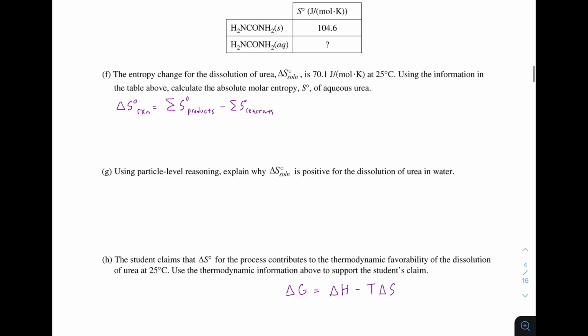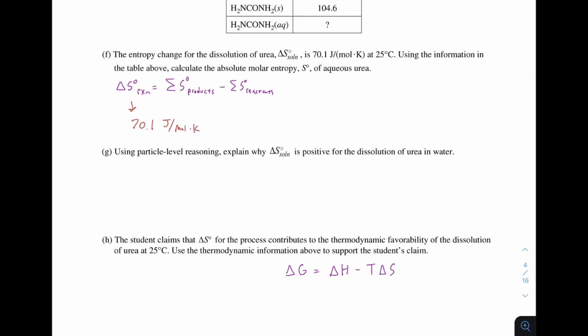And we're told that this is equal to 70.1 joules divided by moles times Kelvin. However, you don't need to worry about those units right now, and you can simply think of 70.1 equals the sum of the entropy of products minus the sum of entropy of reactants.